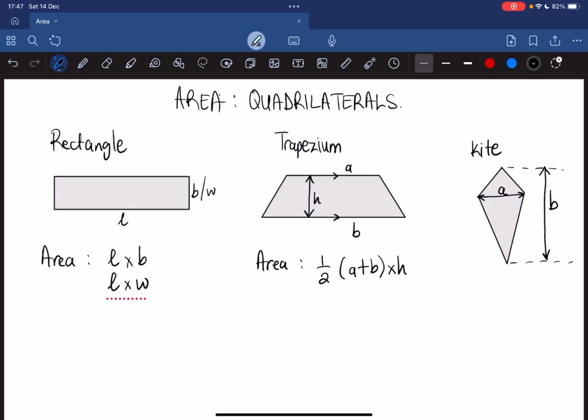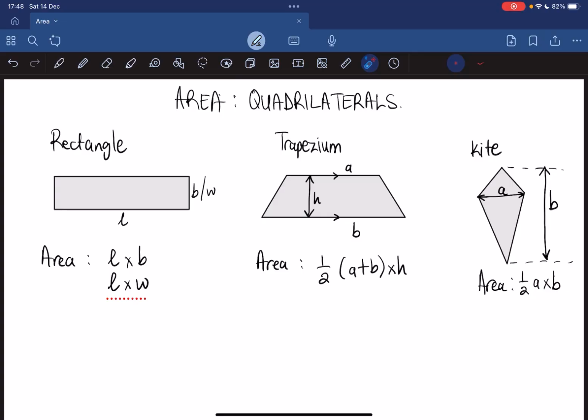The A is this part, the B is this length from this point to this point, and the height is shown right here. And the area of a kite is found by saying half multiplied by A times B. This is the A and this is the B, as I have shown right here.